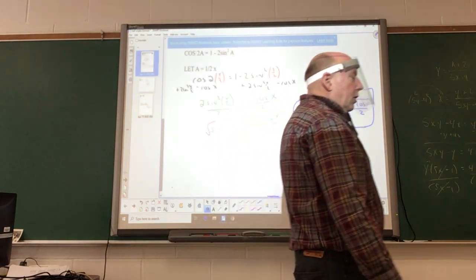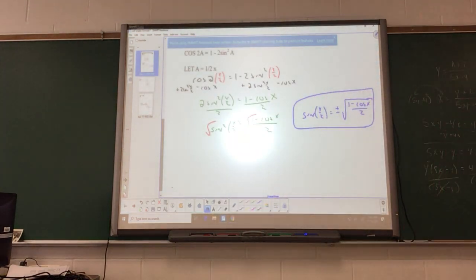Looks very similar to your cosine of half angle, except for negative and positive here. They're the exact same formula, just one's plus cosine, one's minus cosine. That is your sine of your half angle formula.